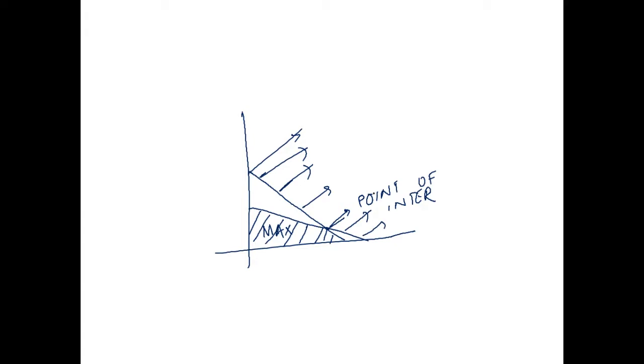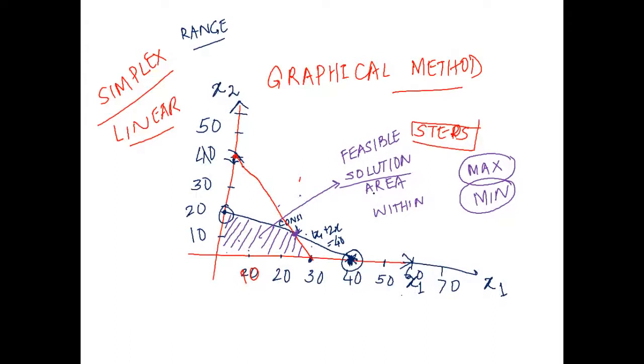All right, so let's forget the minimization right now. Our feasible area is this. Let's name the points with some symbols: O, A, B, and C. So we have 4 points, O, A, B, and C, that lie on the feasible area.